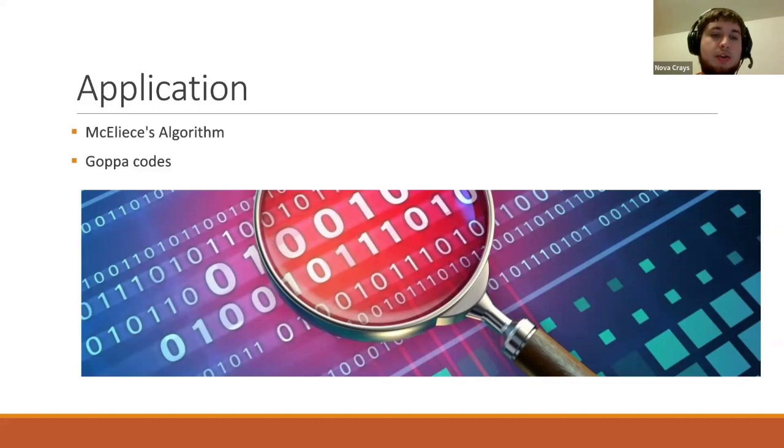So using McEliece's algorithm, Alice, for example, could intentionally introduce lots of errors into her message, send it to Bob, and Bob could use Goppa codes to decrypt her message, and he would have the original message.